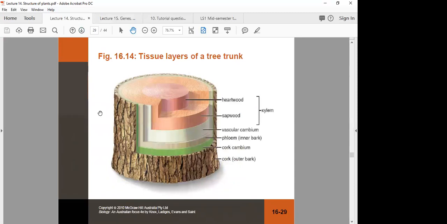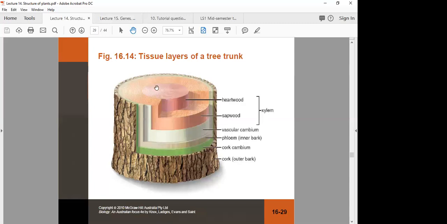And now we can actually look at all those different cell layers within a tree trunk. So in the very centre here, we have what's called heartwood, and the next layer to the outside of that is called sapwood. Both of them are made up of secondary xylem cells.